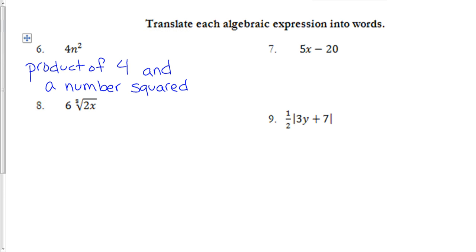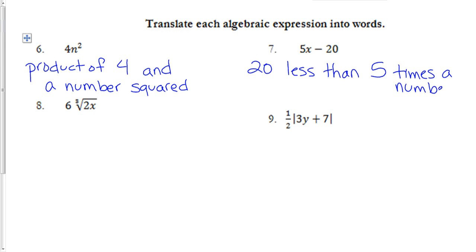Here we have minus. So a couple ways we could write this. We might write 20 less than 5 times a number. Or you could write the difference of 5 times a number and 20. Multiple ways to write all of these.